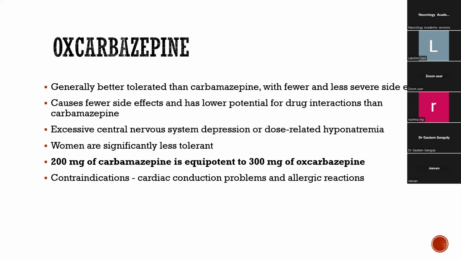Excessive central nervous system depression as well as dose-related hyponatremia can occur, and women are significantly less tolerant to oxcarbazepine. 200 mg of carbamazepine is equivalent to 300 mg of oxcarbazepine.